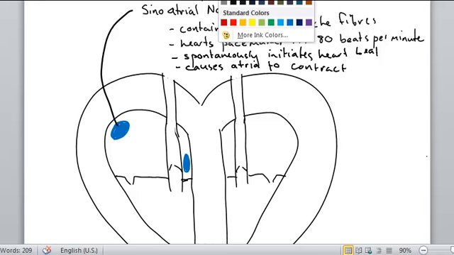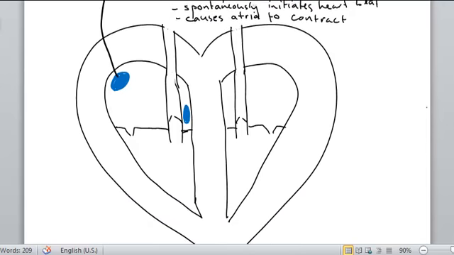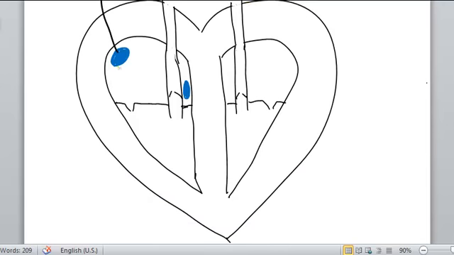So what happens here, and we're going to use orange for an electrical signal. It initiates an electrical signal that spreads throughout the atria, causing the atria to contract from top to bottom, and it goes across and causes the left to contract at the same time as the right's contracting. At the same time, this signal travels to our next node.